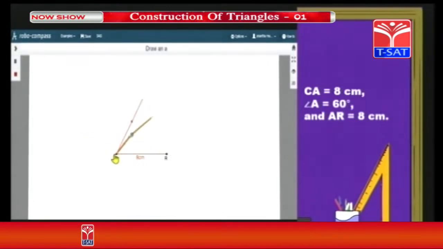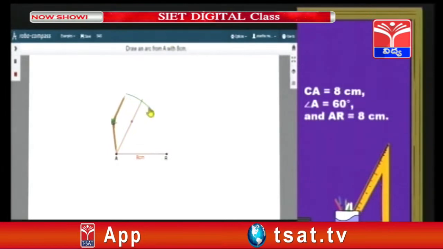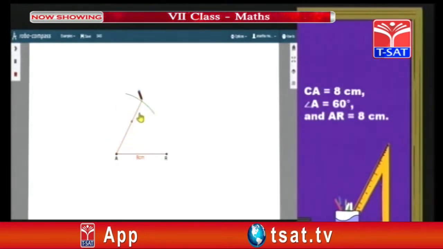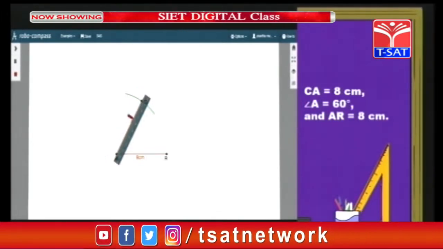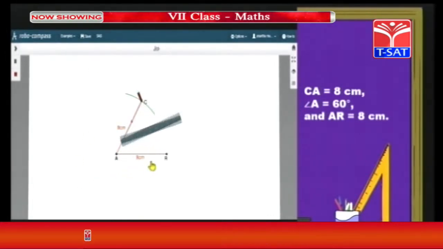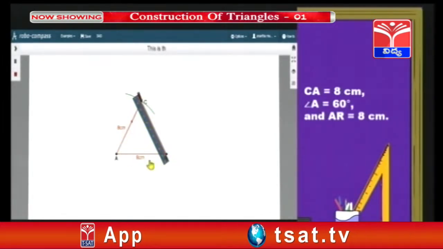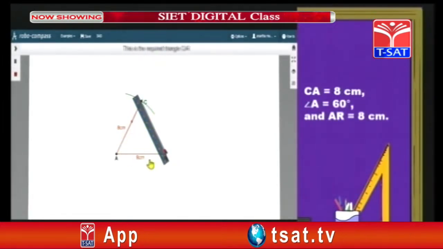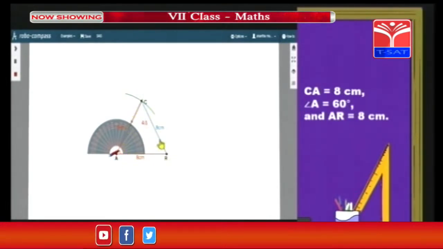And next from A you have to draw an arc with 8 centimeters. Then the intersecting point is taken as C. After that we have to join A and C with the help of a scale. We got our required triangle CAR. So here you can clearly see triangle CAR we got here.